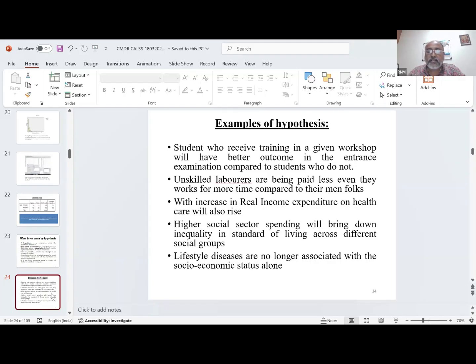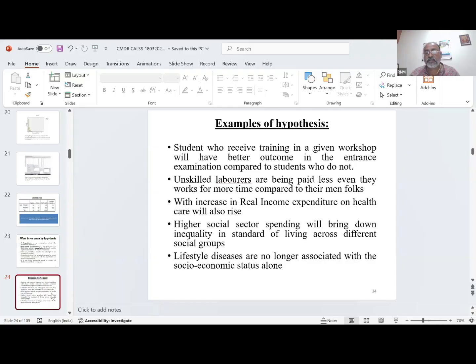So this hypothesis is telling that an intervention has been made in a group which will have better outcome compared to the group which has not been given the intervention. Like that, I have given 4 or 5 examples.